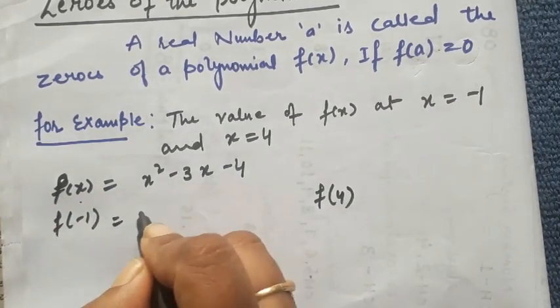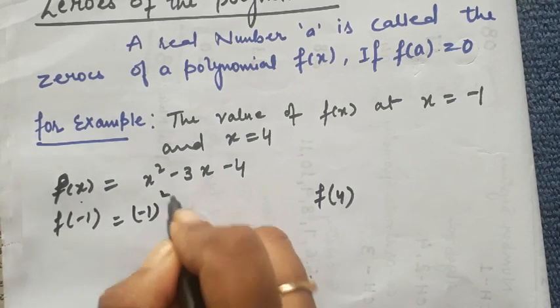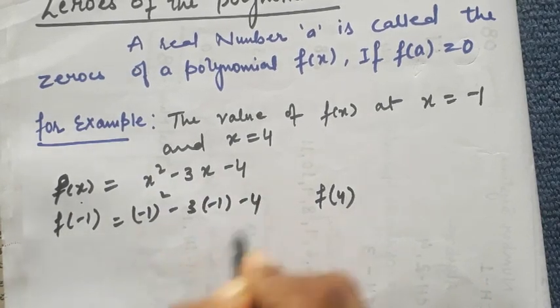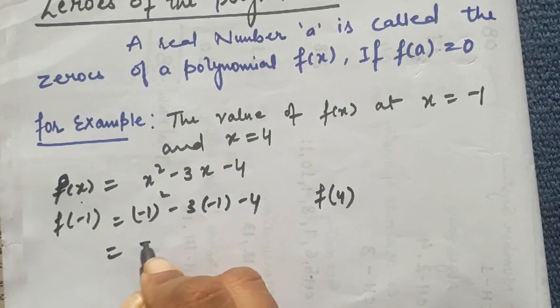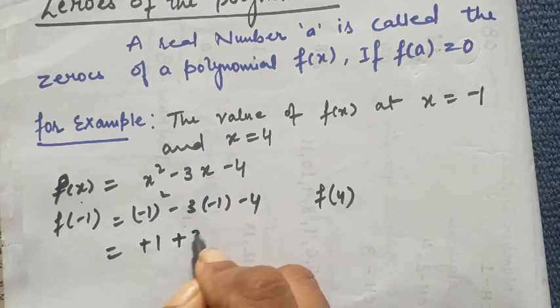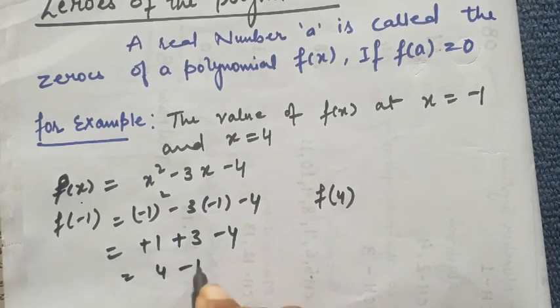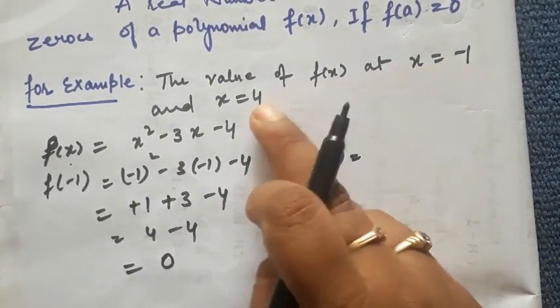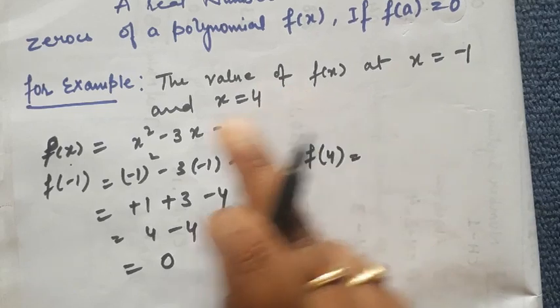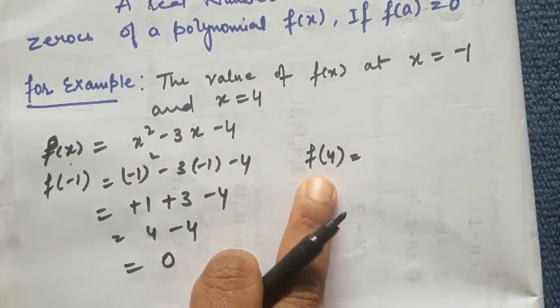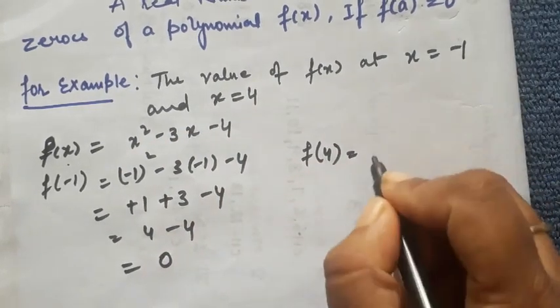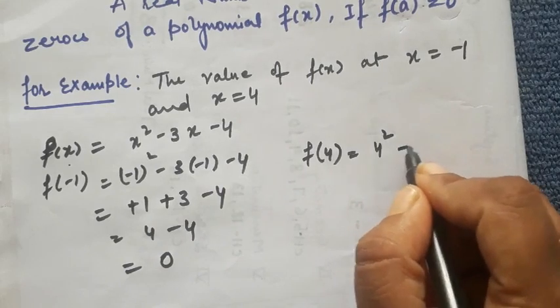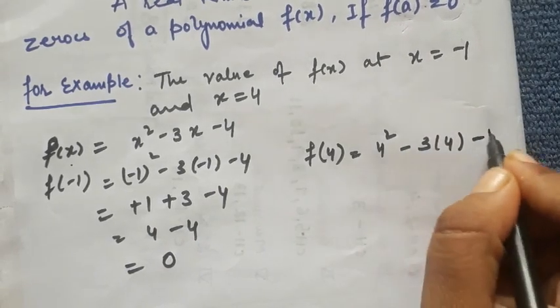Here I get 1 square minus 3 of minus 1 minus 4, that is plus 1 plus 3 minus 4. So 4 minus 4 is equal to 0. To get the value of the polynomial at x equals 4, that is 4 square minus 3 of 4 minus 4.